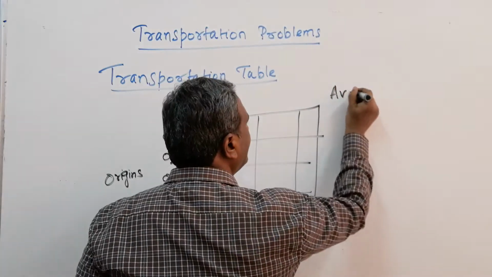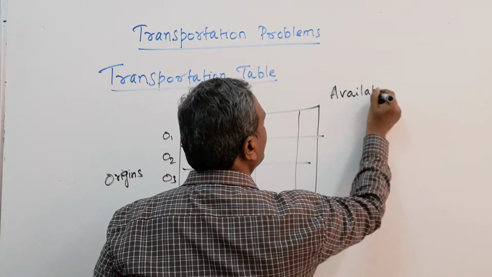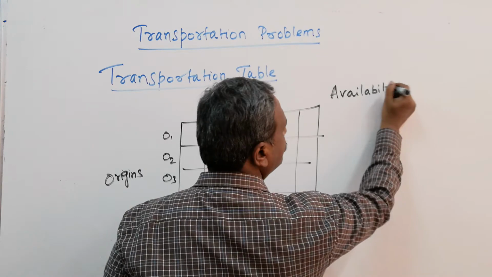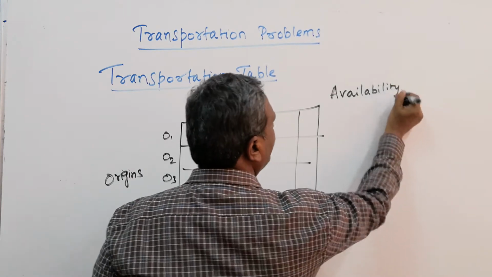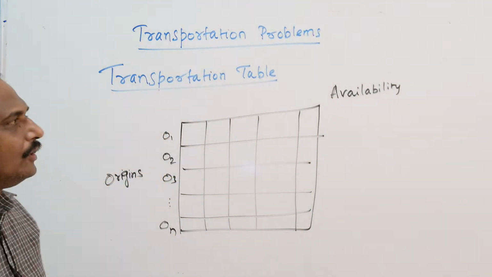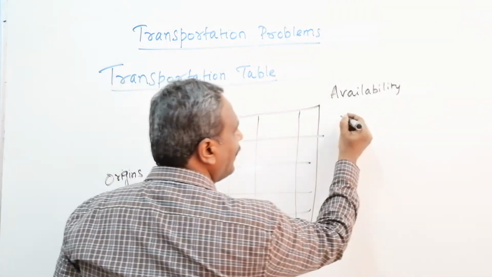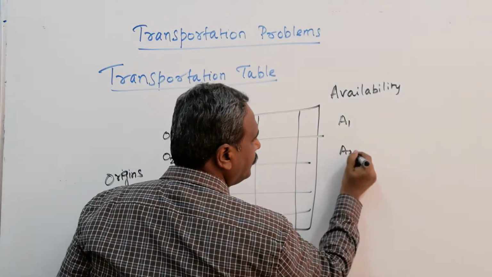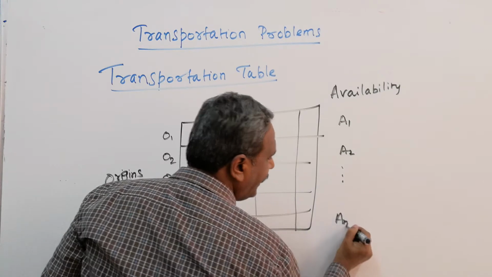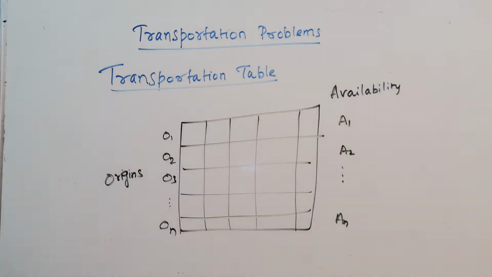We are going to take the availability, the corresponding availability, here A1, A2 and so on.